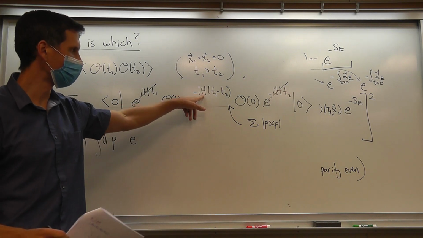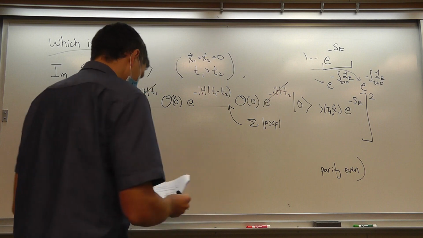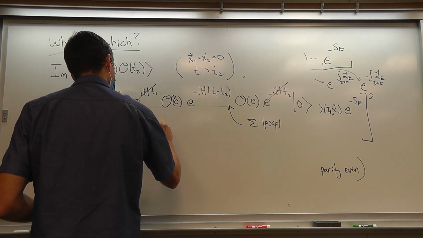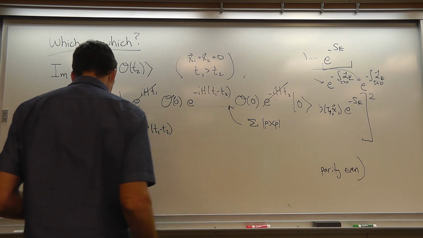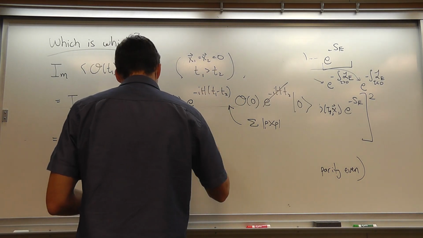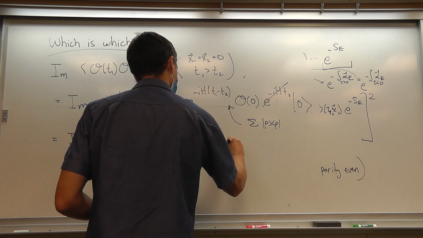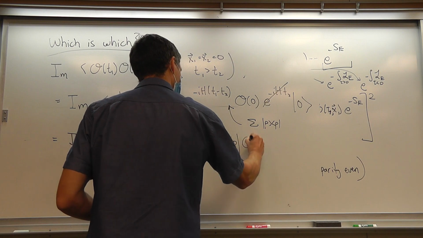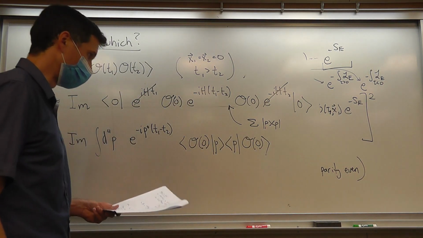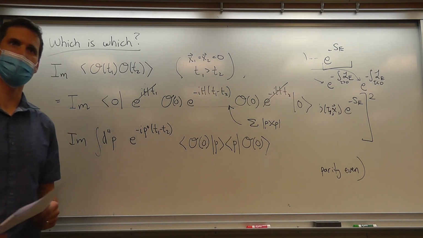The Hamiltonian acting on a state of definite momentum will just give p0. So this is e to the minus i p0 (t1 minus t2). Then there's an overlap of O of 0 with p, and a p with O of 0. And finally, there's the measure for this sum over states.